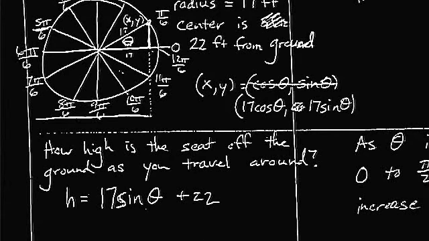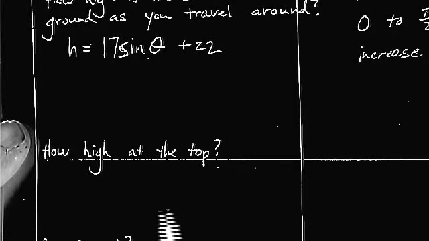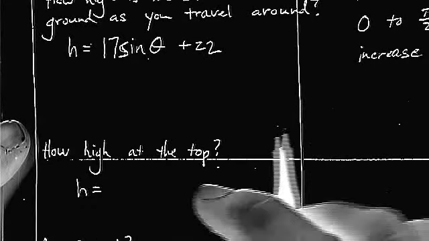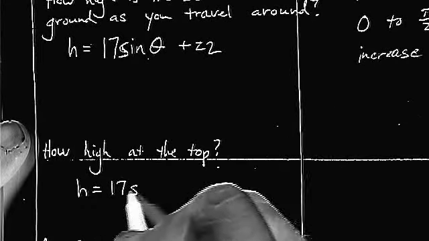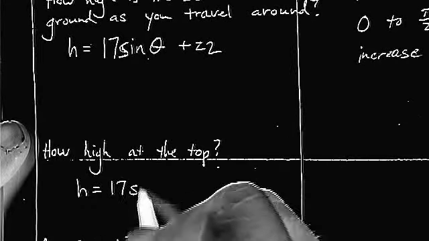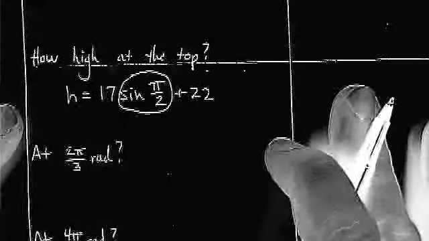How high are you at the top? Well, what's the radian measure at the top? Isn't that pi over 2? You figure out what the sine of pi over 2 is. At 2 pi over 3.